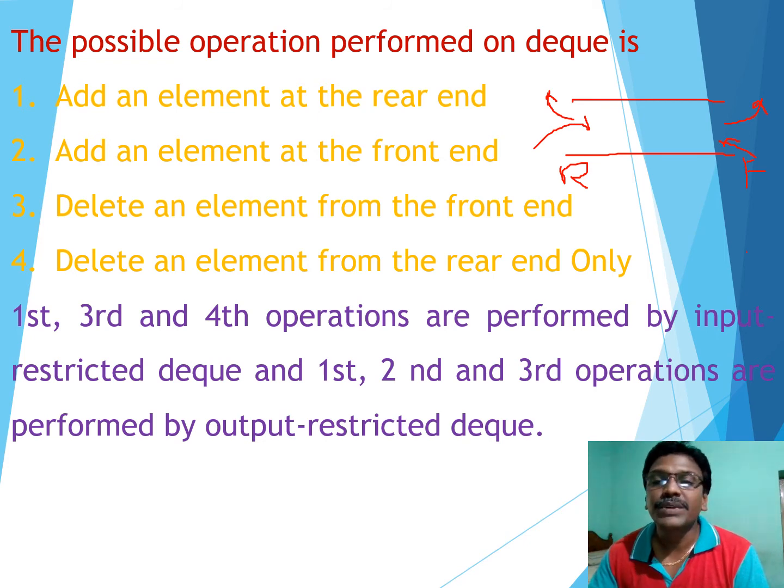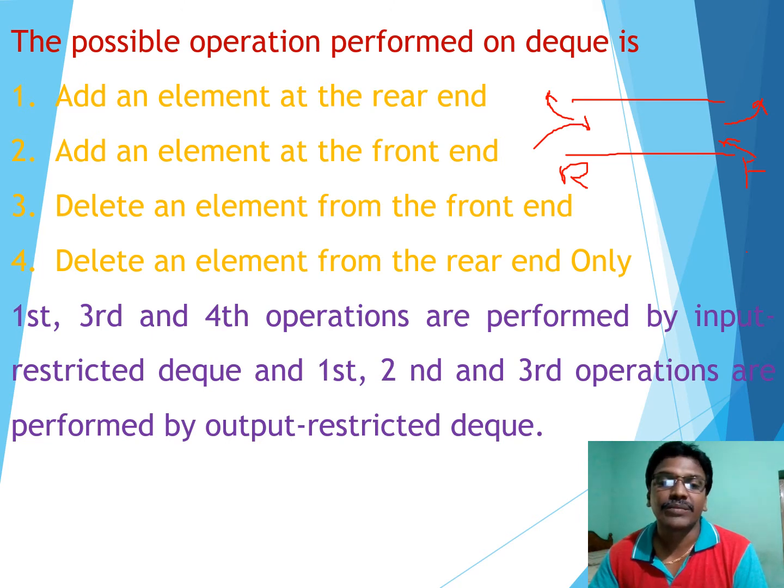Because input restricted DEQ performs insertion at one end, and deletion can be performed at two ends. That's why first, third and fourth operations are performed by input restricted DEQ, and first, second and third operations are performed by output restricted DEQ, because in output restricted DEQ insertion can be performed at both ends, front and rear, but deletion can be performed at only one end.